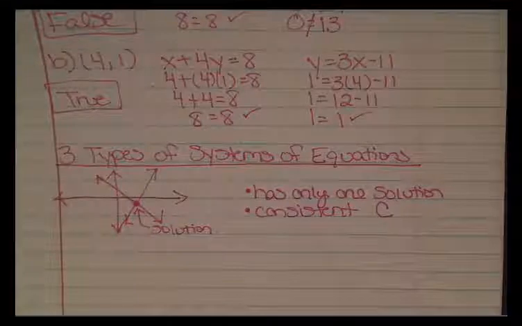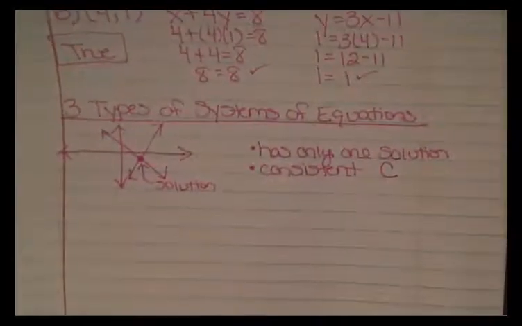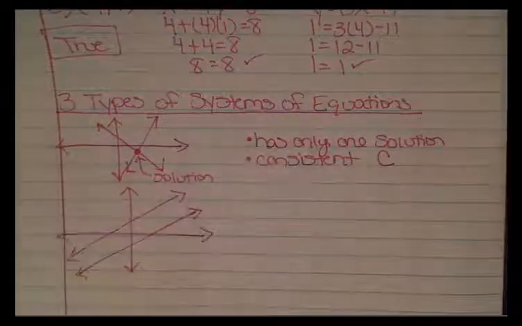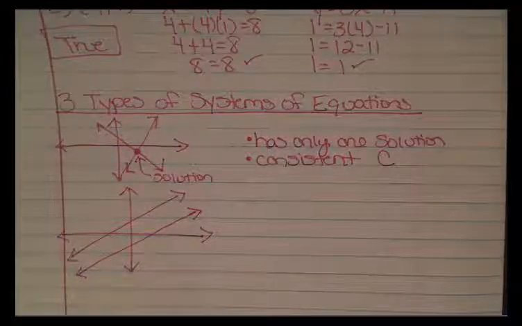So if they have one point, then you can maybe guess that another type of system of equations is going to have 0 points. And those are going to look like this. So they're parallel lines. Parallel lines do not intersect.